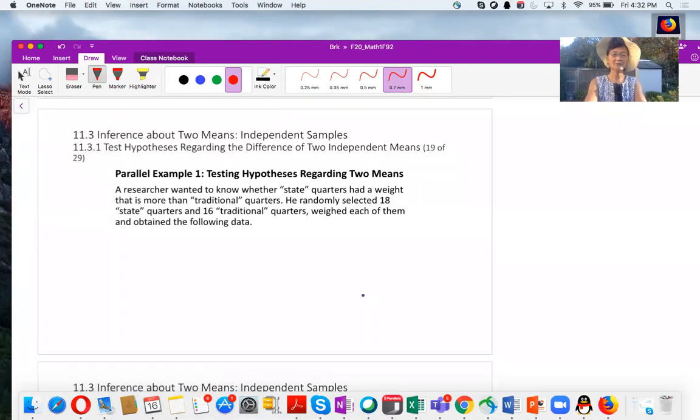Now, let's take a look at an example. Researchers wanted to know whether the state quarters had a weight that is more than, see the keyword more than, traditional quarters. He randomly selected 18 state quarters and 16 traditional quarters, weighed each of them, and obtained the following data.